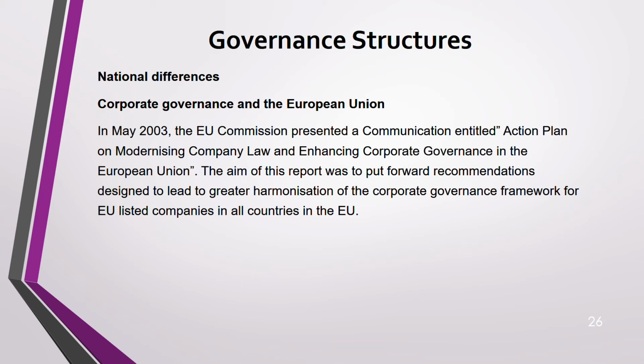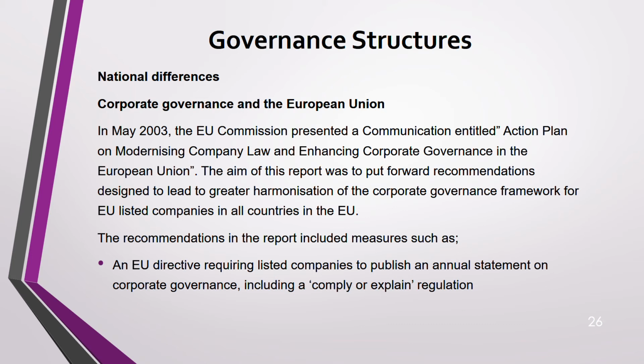So the aim of the report is mainly to harmonize the corporate governance framework. That means all the member states in the European Union follow the corporate governance framework and it's very consistent among the European Union states. That is the main idea. And what are the recommendations in this report?